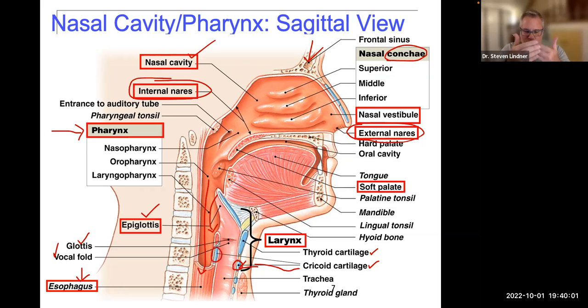It actually wraps around the entire thing. It makes a ring. It's called a cricoid cartilage, whereas the thyroid cartilage really just wraps around the front and around the lateral side. It doesn't go all the way around and make a complete ring, which is why we don't see it on the posterior side. Okay, and don't confuse the thyroid gland with the thyroid cartilage. They're two different structures.